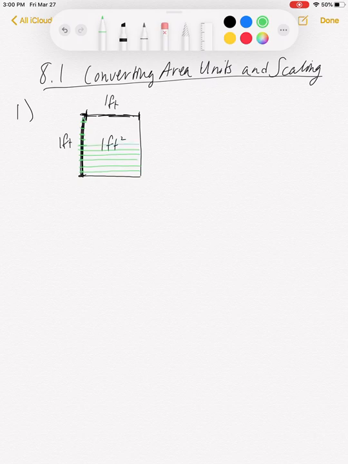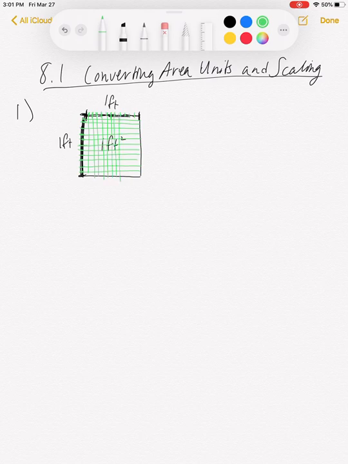Because with these square feet we have dimensions here. Okay, and then this 1 foot can also be divided into 12 parts. And we can also extend them across here. Okay, you see that?